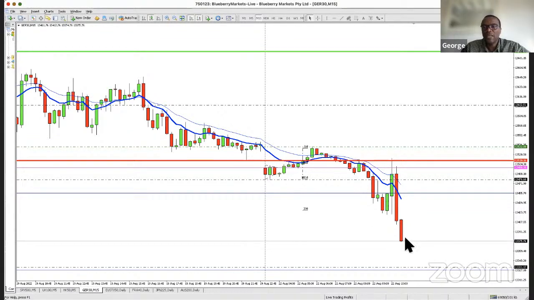So if we get a pullback here and we test that, and I get a decent enough reversal here, irrespective of where the EMAs are, I'll take the trade. When we start to accelerate down into a trend, and now I'm saying, okay, I'm definitely in a bear trend, not just a reversal, then the EMAs come into play. But in this early reversal section, it's hard levels that are top of mind.